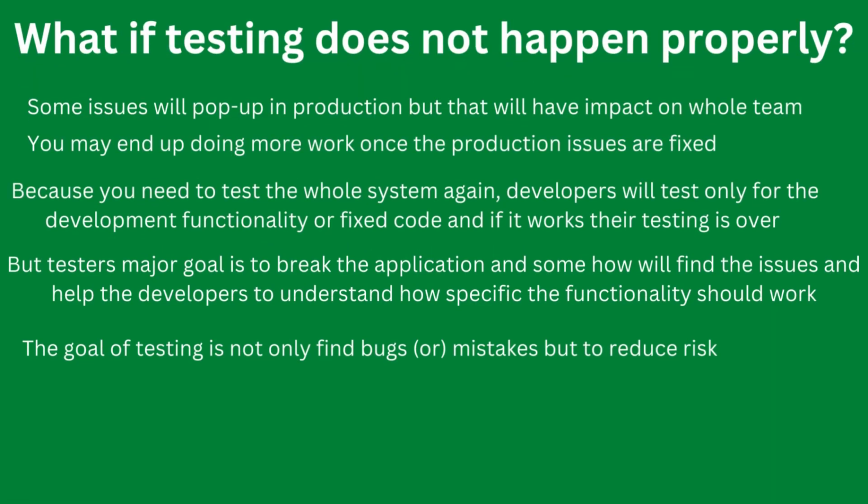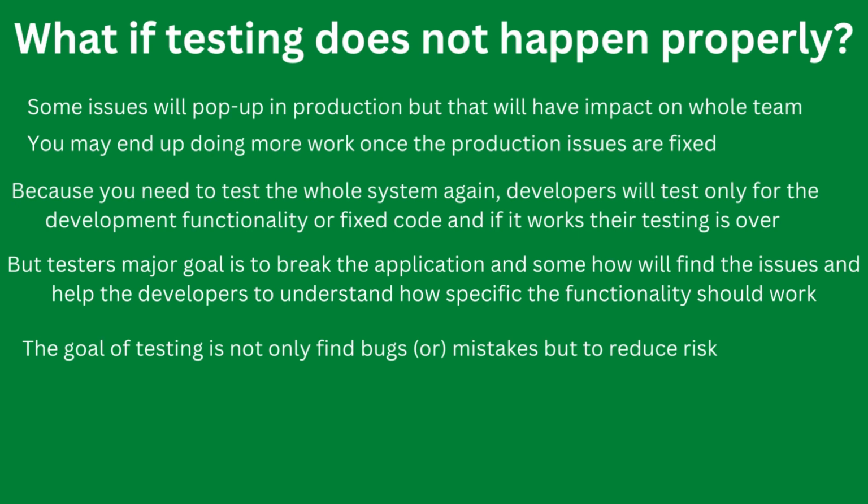What if testing does not happen properly? Some issues will pop up in production, which will have an impact on the whole team. You may also end up doing more work once the production issues are fixed, because when you test the whole application again, it will be more work. Developers will test only the development functionality or the code fix, and if it is working fine, their testing is over.